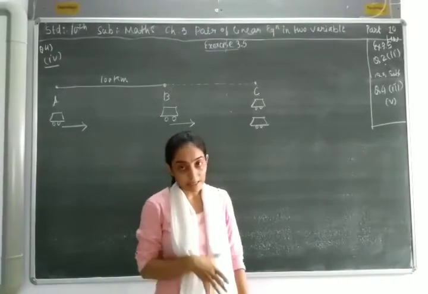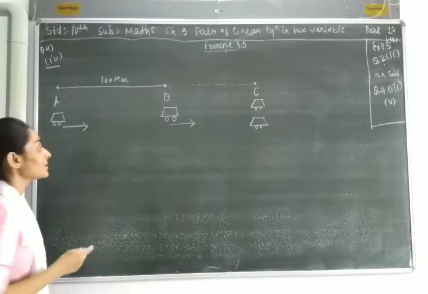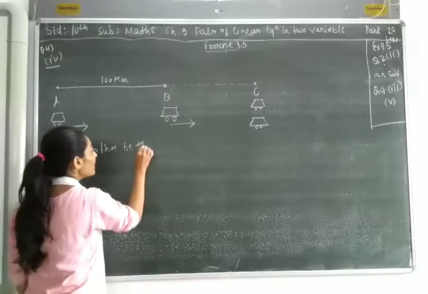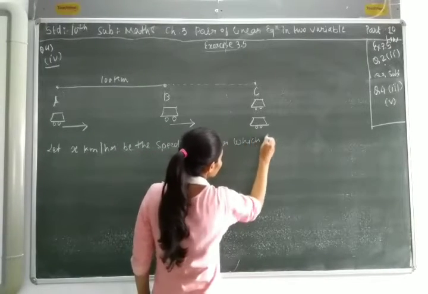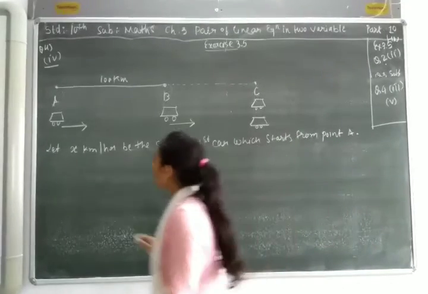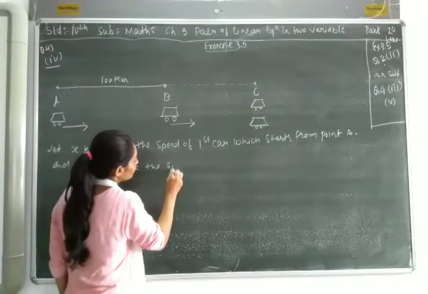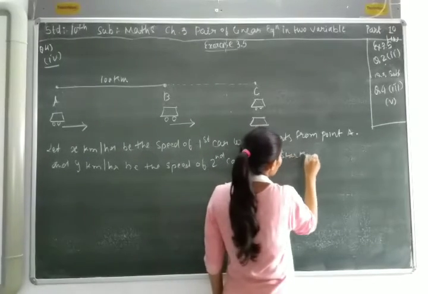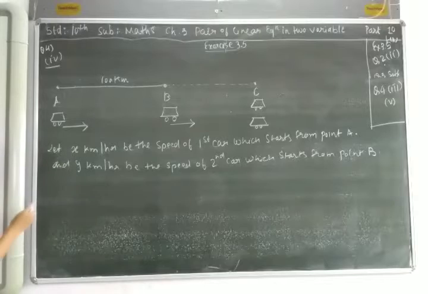We don't know the speed of the second car, which starts from point B.